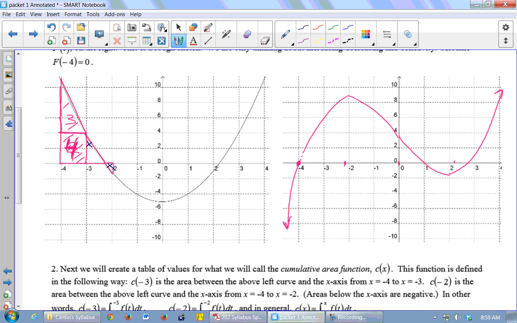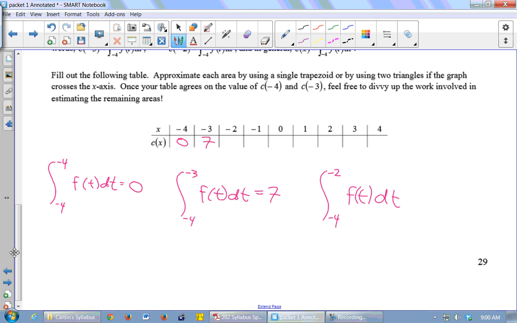So then this area here, what is that? Half of 1? Sure, we'll say approximately 1. Okay, so then I just have to add 1 to the 7 that was already there, so we have 8.